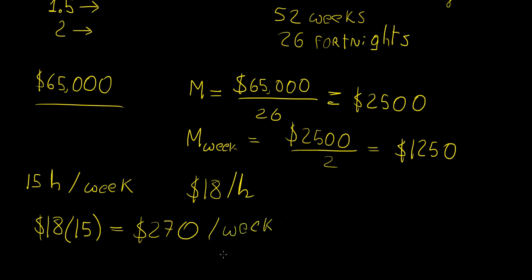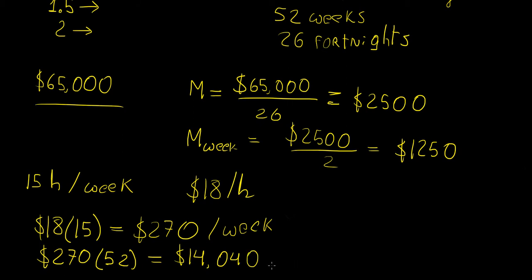If you wanted to find the amount that this would be per year, then you would just multiply 270 by 52 weeks. So that's how many weeks we have in a year. So in this case, that would come down as $14,040 essentially. So that would be for a whole year.